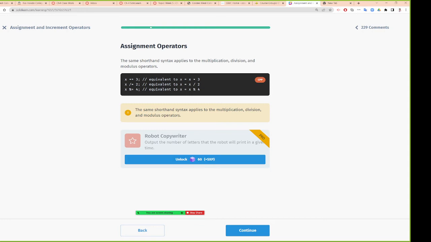That will be x division equal 2. That will be x modulus equal 4. Because if I can use only one sign, I don't want to use two signs. The same shorthand syntax applies to multiplication, division, modulus, everything. Okay? Everybody, do you understand?